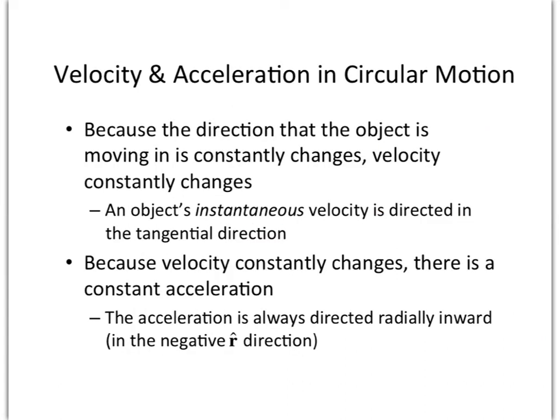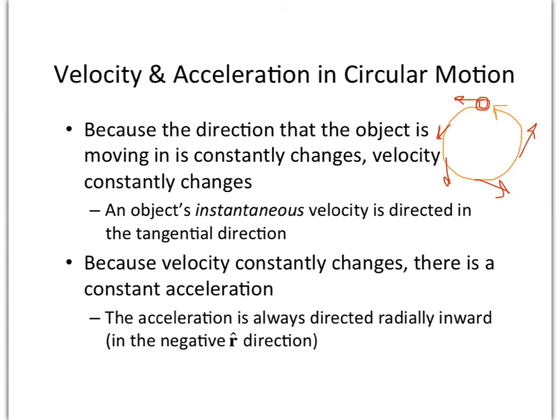What's interesting though is that an object moving in a circle, here's our circle right there, and we'll have an object, let's say red, okay? Well, the velocity constantly changes. There's a velocity, there's a velocity, there's a velocity. Now the value may be the same, but you can see that the direction of the velocity is changing.